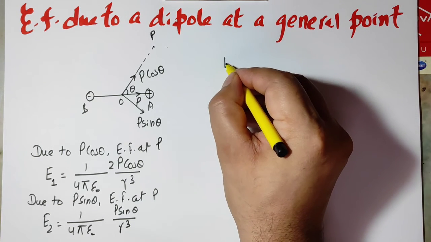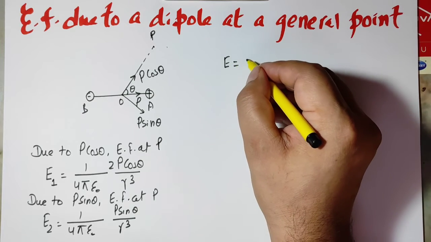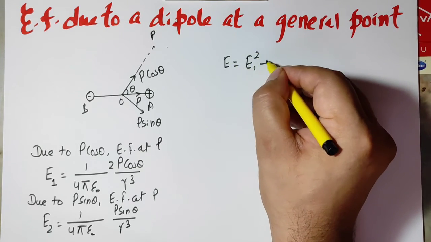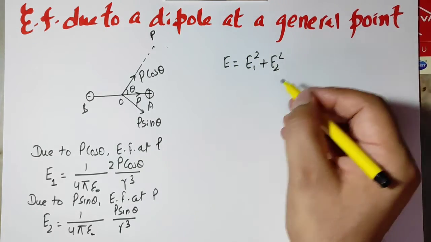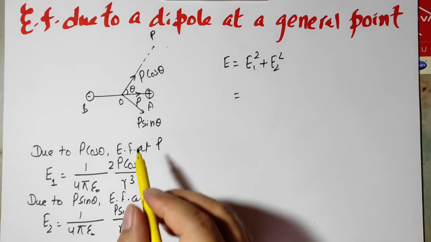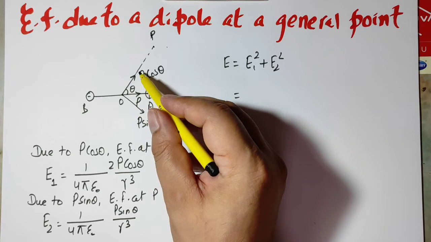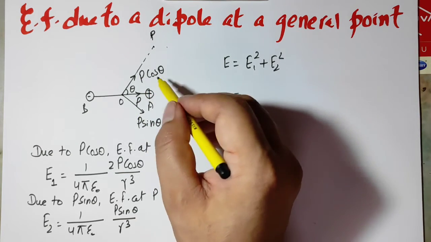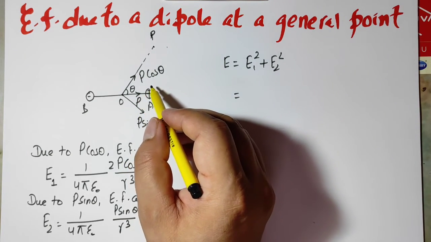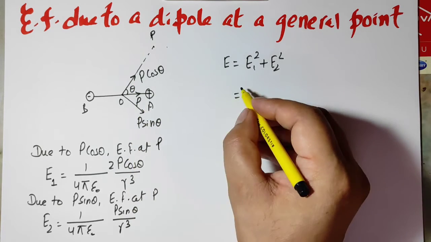Net electric field due to this E1 and E2 is the square root of E1 square plus E2 square. Why? Because both are perpendicular. Since both are perpendicular, in perpendicular vectors, how do we find the resultant? Simply this square plus this square.